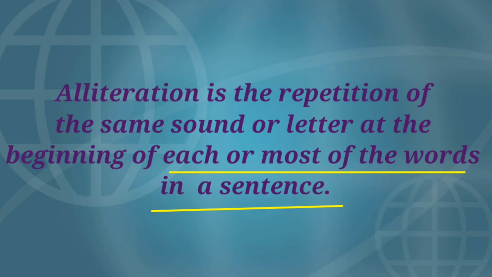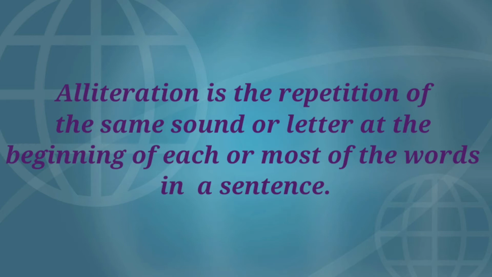It is the repetition of the same consonant, especially consonant, not vowel sound, at the beginning of words in a series. For example, in a line, if most of the words start with the same consonant letter with sound, that is known as alliteration.